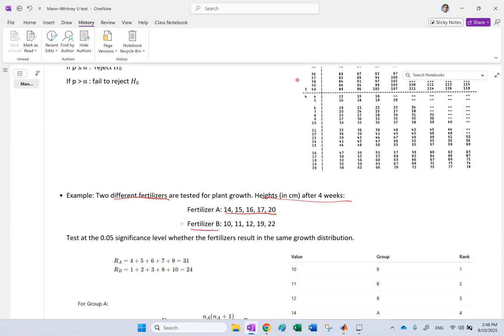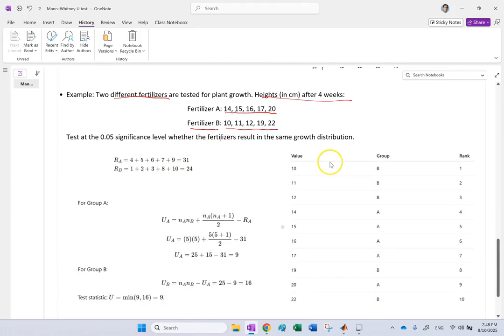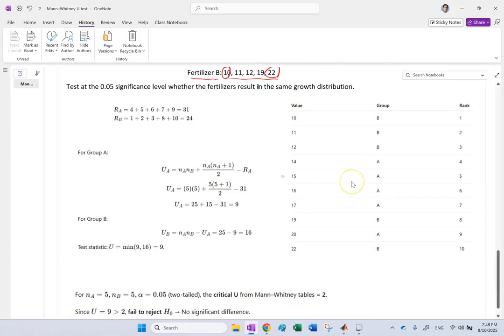And when they use fertilizer B, these are the 5 data that they got. These are the 5 heights. So now if I get these 10 data values and sort them from the smallest, which is 10, to the largest, which is 22, this is what I will get. 10 is my smallest data, rank 1, all the way to 22, which is my largest data, that's rank 10.